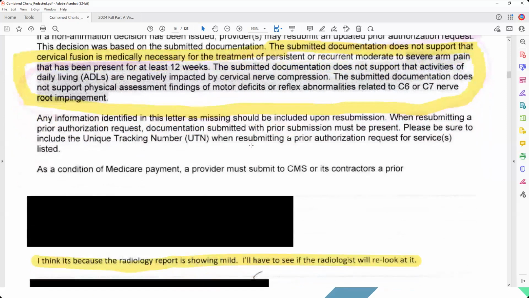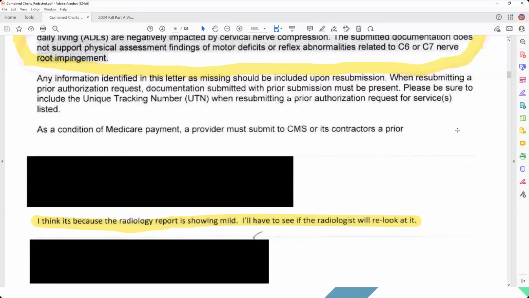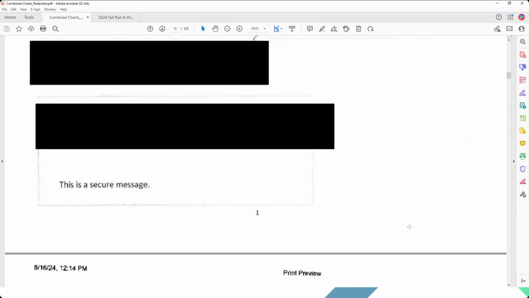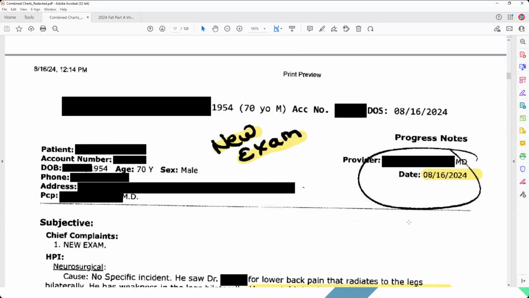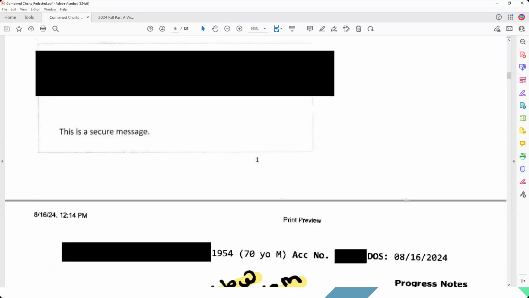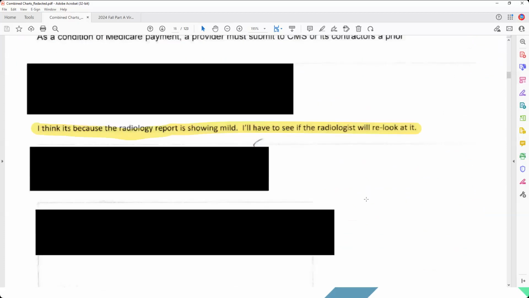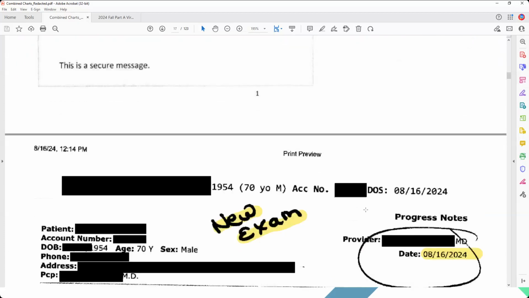This email was, you know, sent through in their office, and they had said to one person, I think it's because the radiology report was only showing mild issues. And so they're going to have the radiologist relook at it and see if he needs to give other indications, which in turn, we had the indications in the prior C-spine MRI.